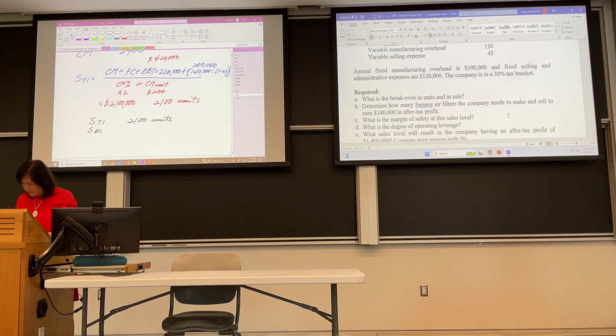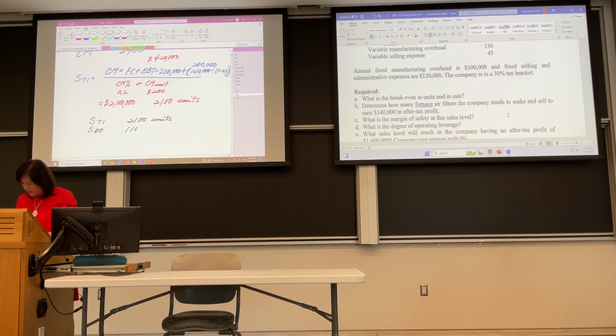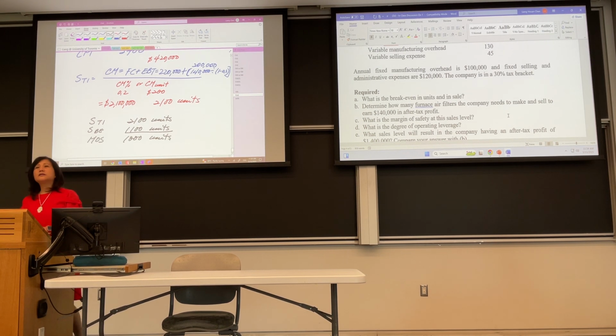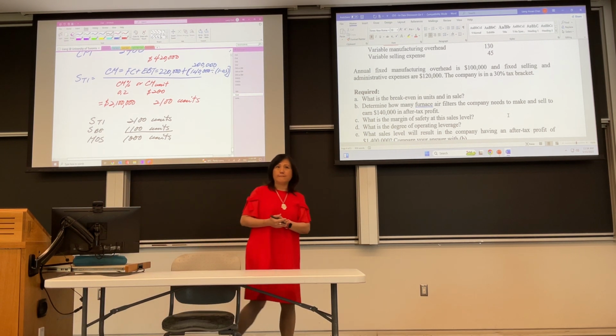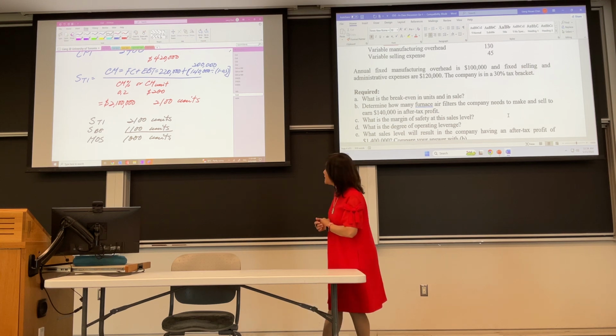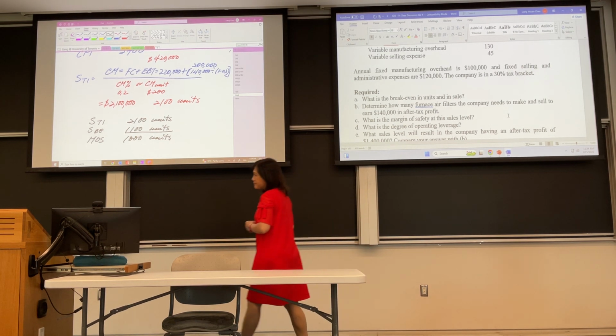Sales break even 1,100 units. So margin of safety is 1,000 units. As I mentioned, you have lots of room. It can be off your target, so you are relatively safe. Okay.